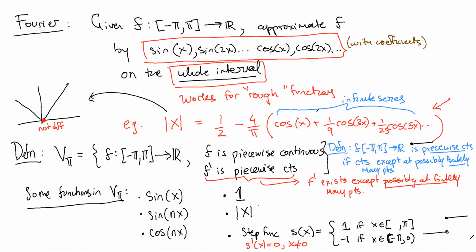Now let's put an inner product on this space, right? We'll just use the same integral one that we looked at earlier, except from minus pi to pi.